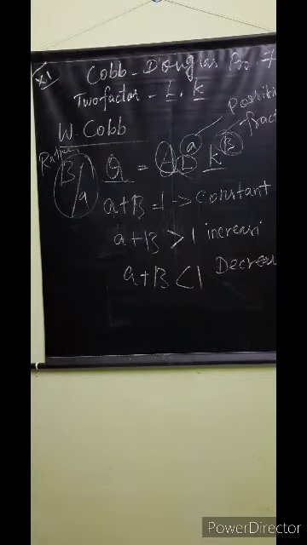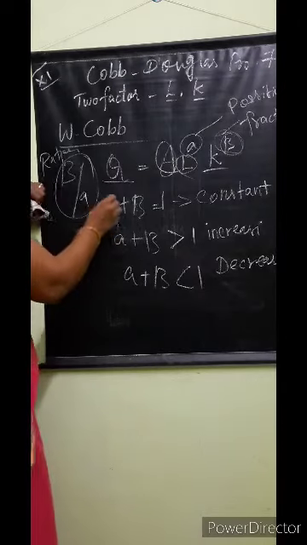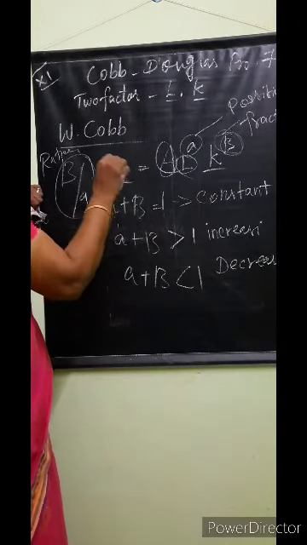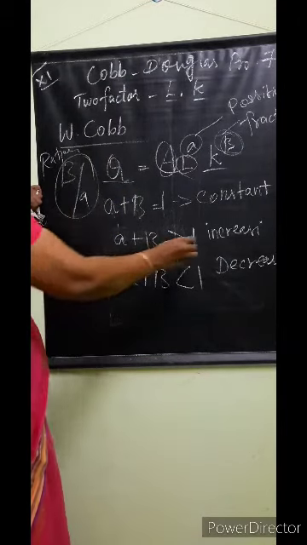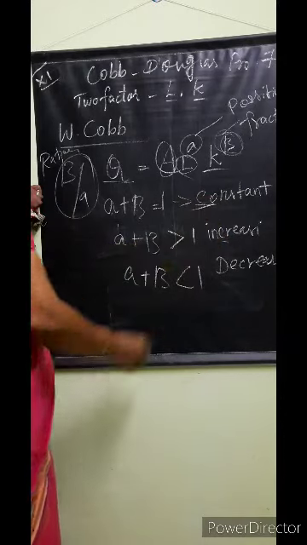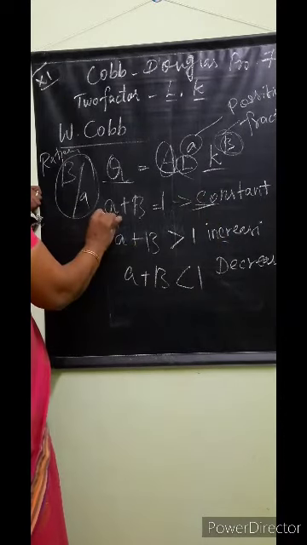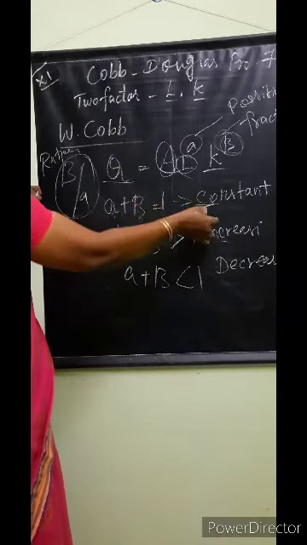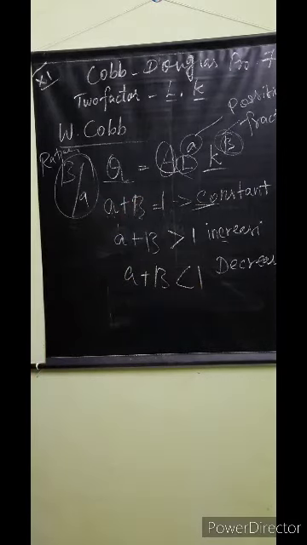The production function explains the proportionate increase in the factors. If the input increases, the output also increases in the same manner. That is constant.